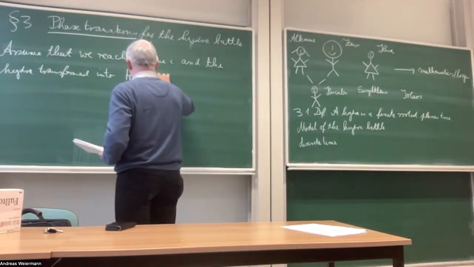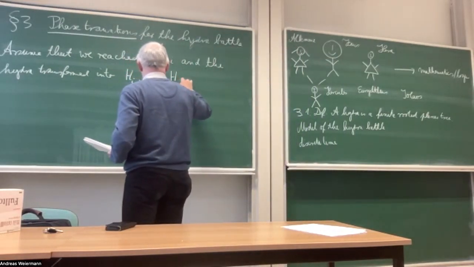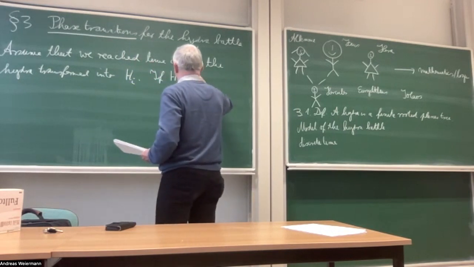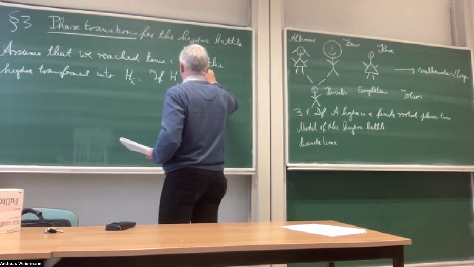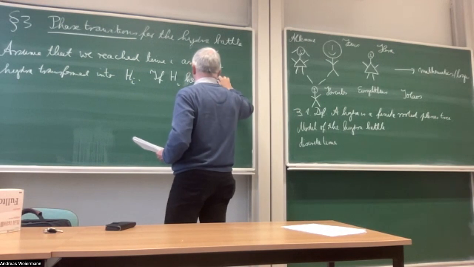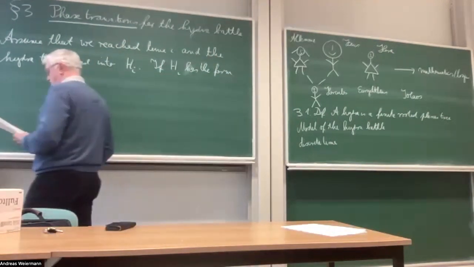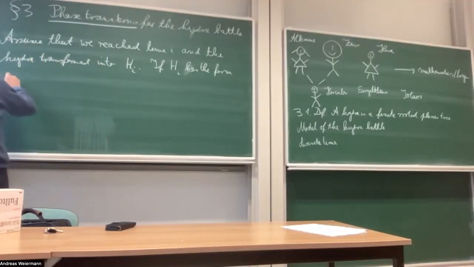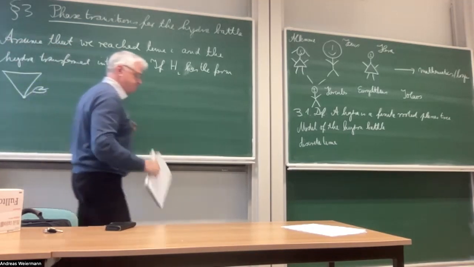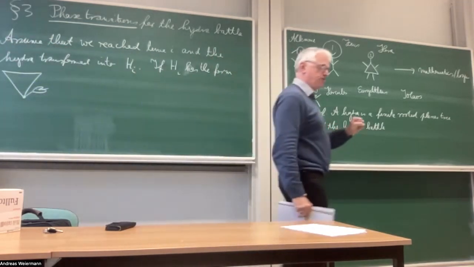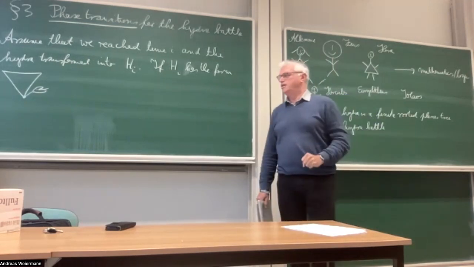So if H_i has a form, so we do a graphical representation. So we have a tree where there's one rightmost head of height 1. So it's just the body of the Hydra, there's one head showing up.